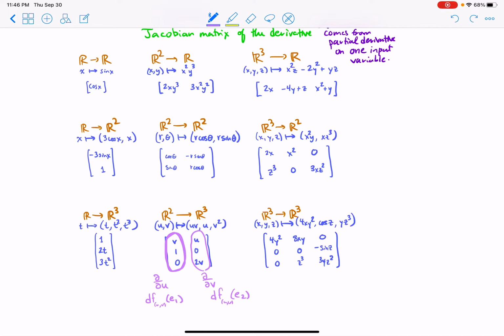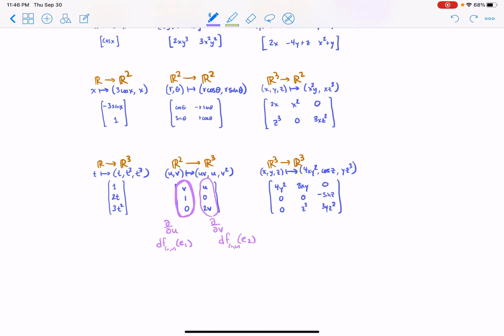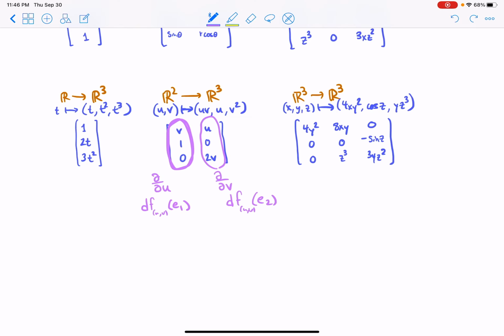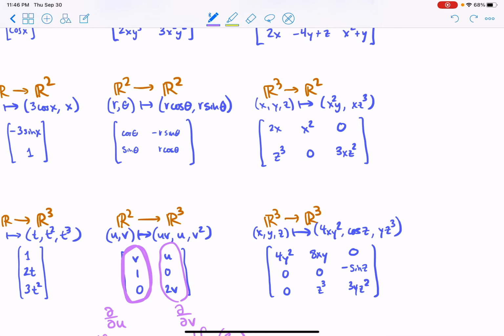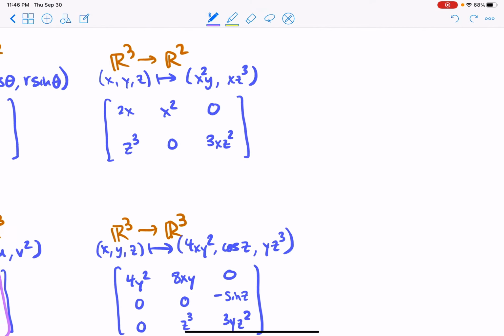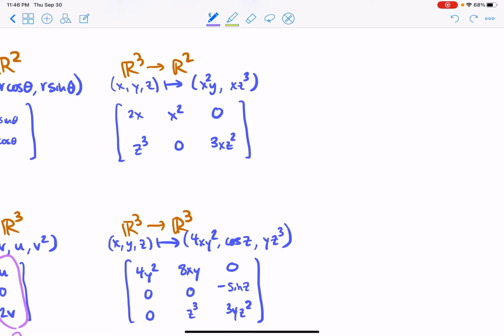And then, what do we do with it? So first of all, these Jacobian matrices don't look like they're going to become linear maps, because things like x times z squared, that doesn't look linear. But at a point, so let's choose the point p equals (1, -1, 3).